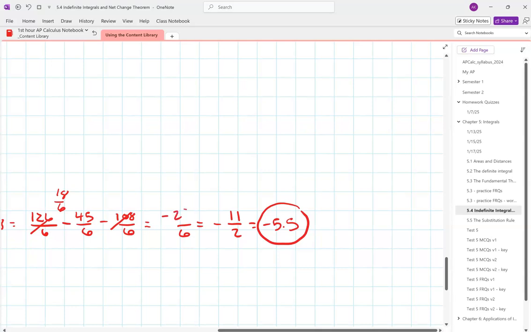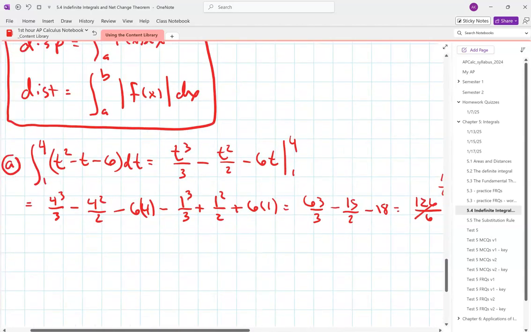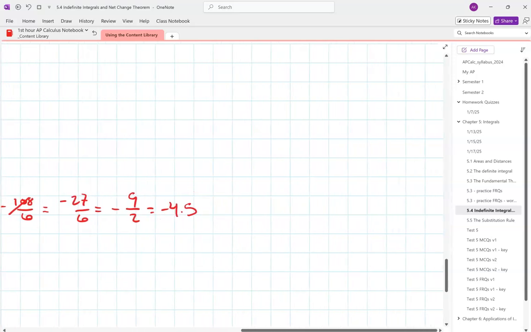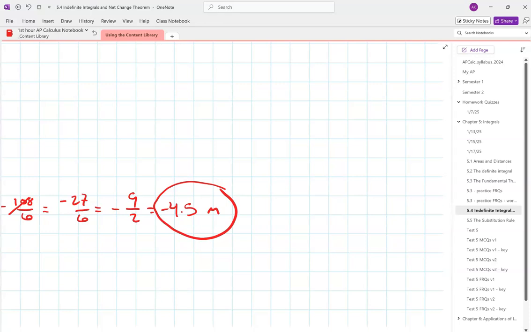So that's going to be minus 27, and I reduce that down. That'll be, there we go. Well, at least none of the calculus was wrong, just my mental math. All right. And this would be meters, right? Yes.